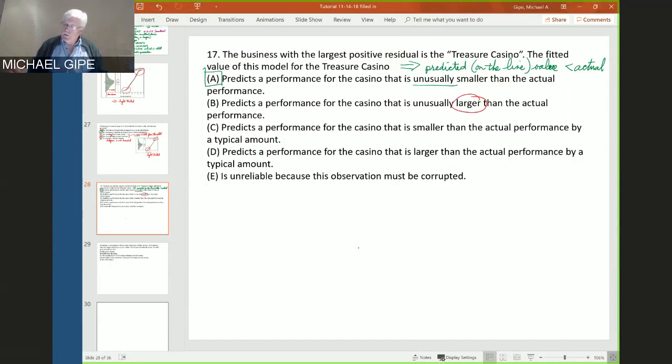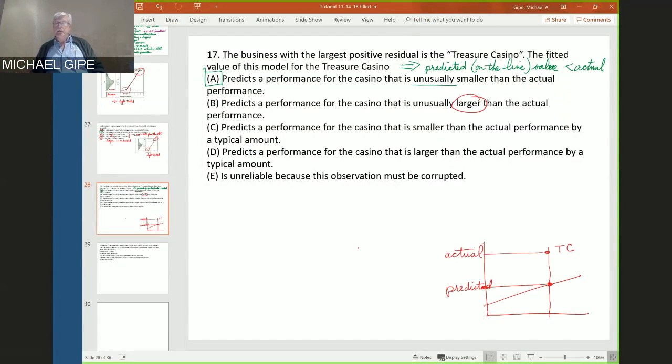No, the prediction is the Treasure Casino, this is the predicted, this is actual. So the actual is much larger. The prediction is smaller. So B is wrong, just the opposite of the correct answer.